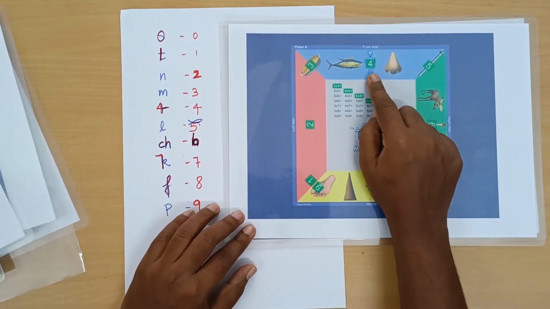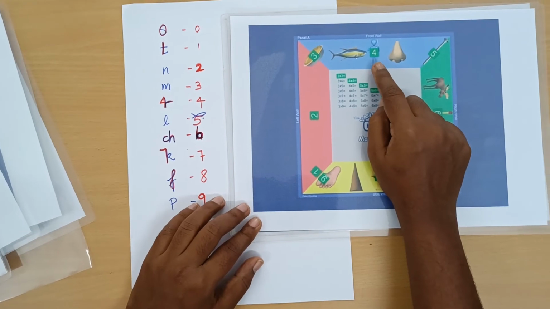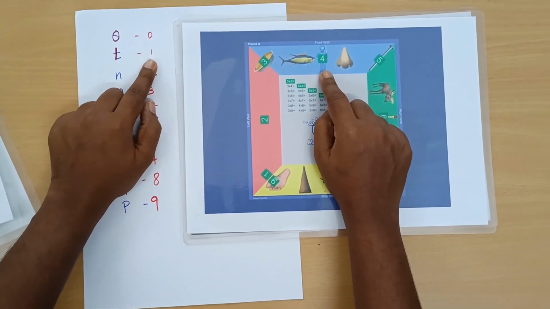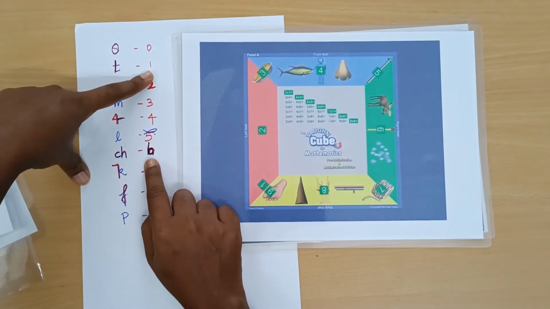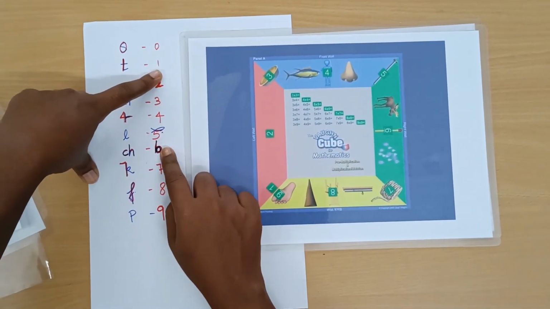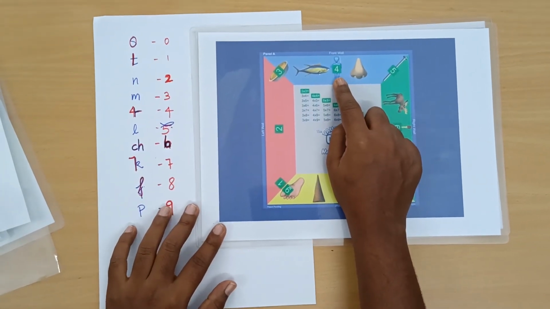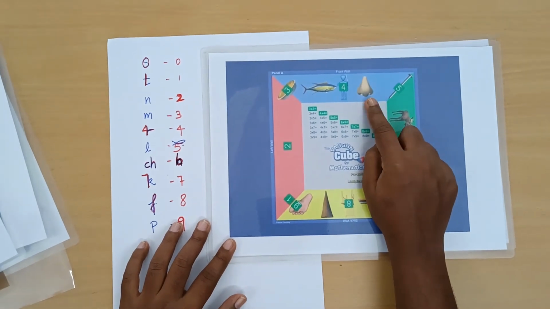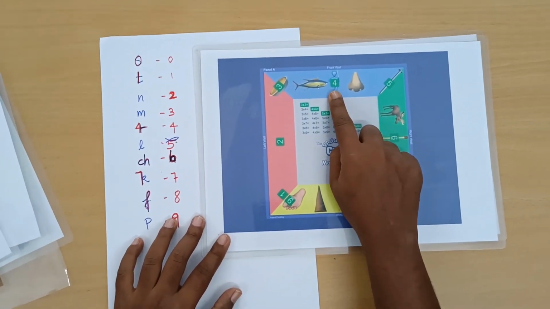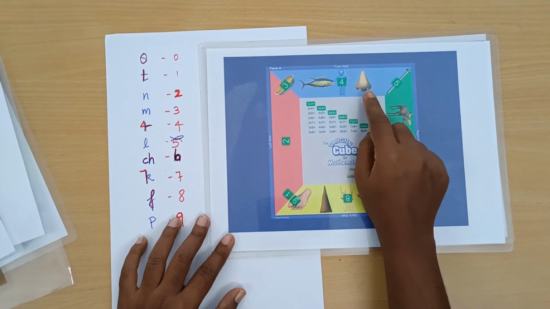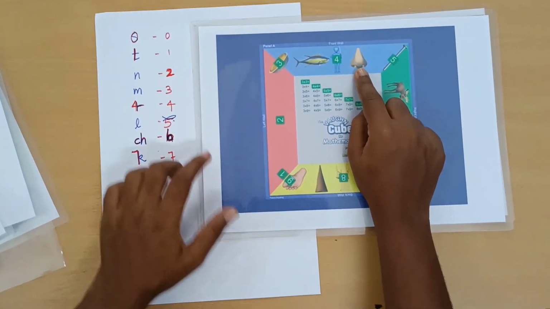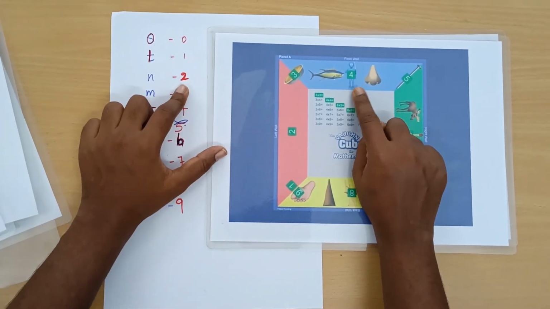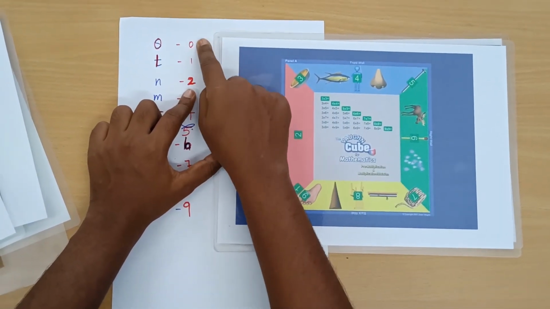And similarly for teach, the sounds are t and ch. T is 1, ch is 6, so it is 16. So 4 times 4 is 16. And nose, which is between 4 and 5, n, s. N is 2, s is 0, so 4 times 5 is 20.